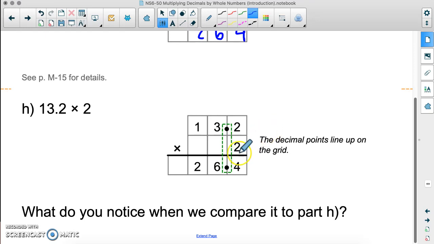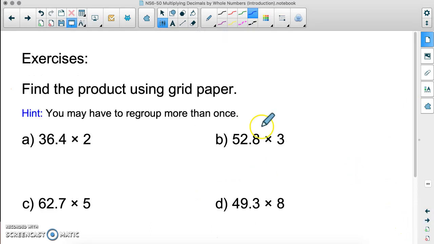You're going to multiply this out. So 2 times 2 is 4, 2 times 3 is 6, 2 times 1 is 2. The important thing is that the decimal has to line up in your answer. So if your decimal is in the 10th place in the question, it has to be in the 10th place in your answer. So we bring that decimal right back down to 26.4.